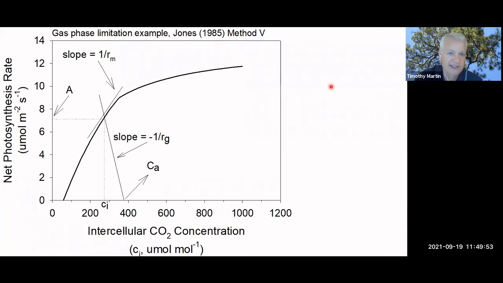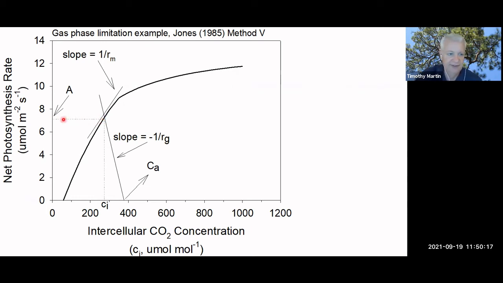All right, here's Jones's method 5, which is looking at two resistances that are related to either gas phase resistance or mesophyll resistance. So we've got our A/Ci curve here, and we've got net photosynthesis rate right here. It's the operating point.